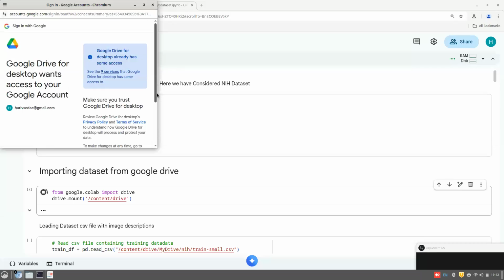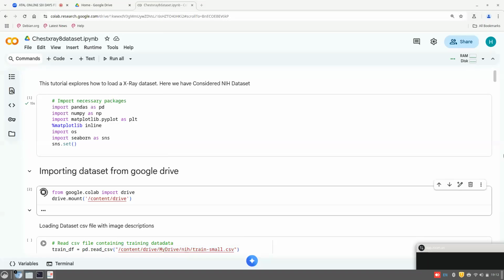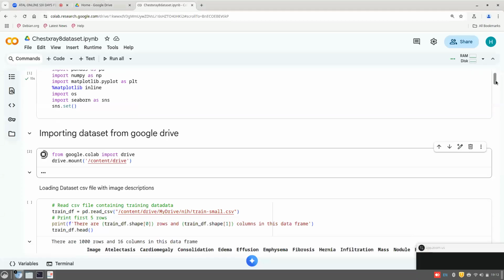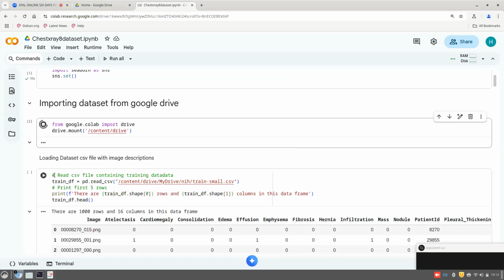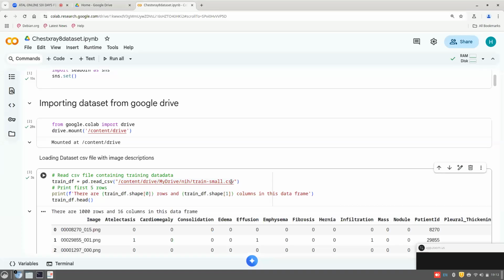I have a folder NIH in my Google Drive in which all the X-ray images are present, and also I have a file called train-small.csv, which has an image file name and the corresponding disease names, whether present or not, marked by 0 or 1. 0 means the disease is absent in this X-ray image, 1 means the disease is present.